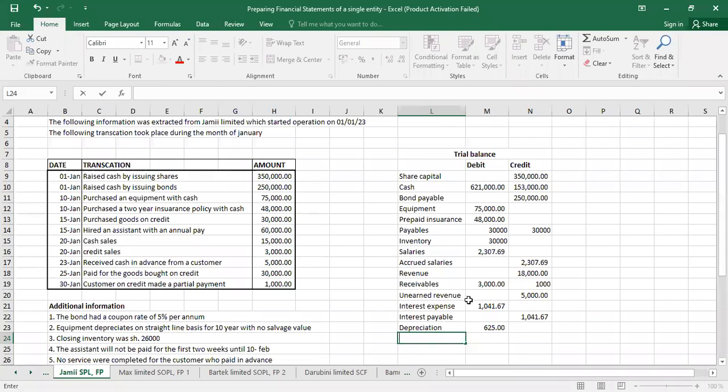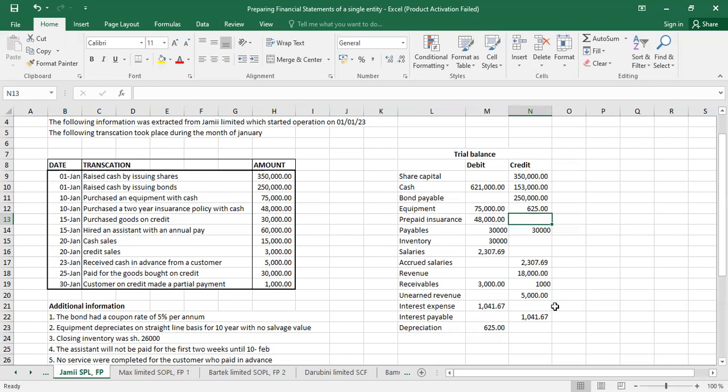So you can decide to directly credit the equipment instead of also creating the accumulated depreciation account. You can decide just to credit the equipment directly. You have already deducted the depreciation, isn't it? Because this company, remember, is starting operation on 1st January 2023, and we've been given the transactions of January. So there is no previous depreciation, isn't it?